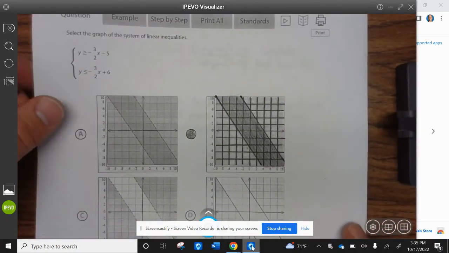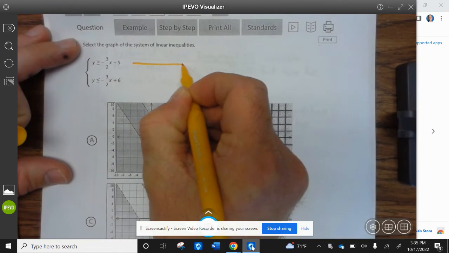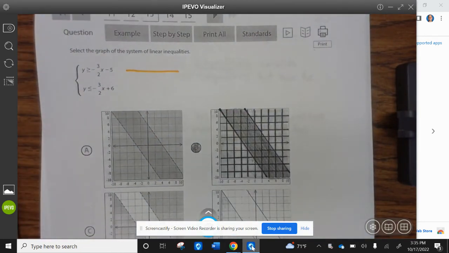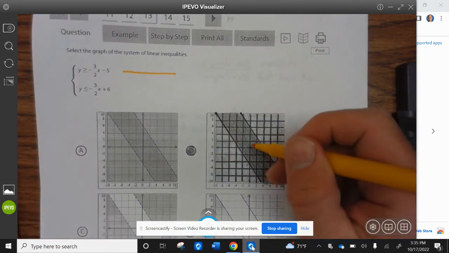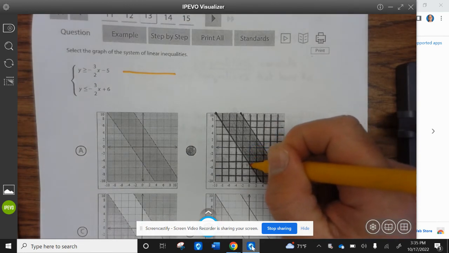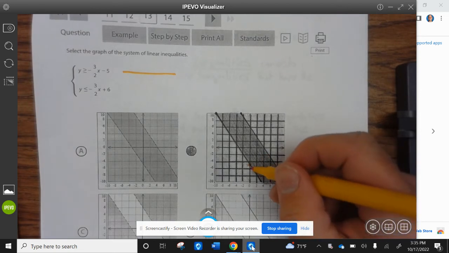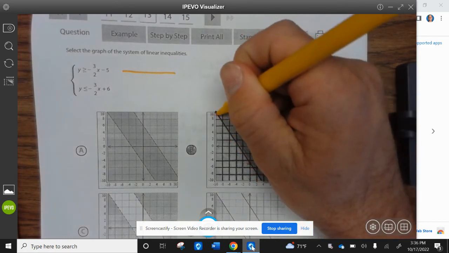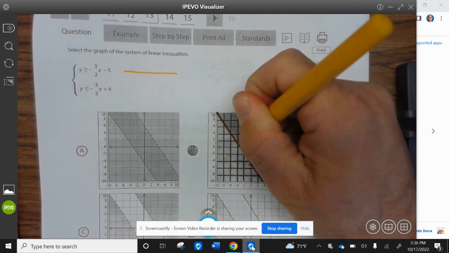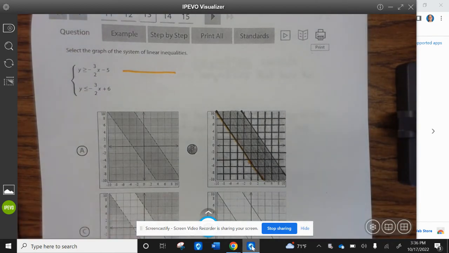All right, last example. So solid line. Okay, so we start at (0, -5). Now, this tells us we go down 3, to the right 2. So there's our line. Now it's greater than, so we shade above.